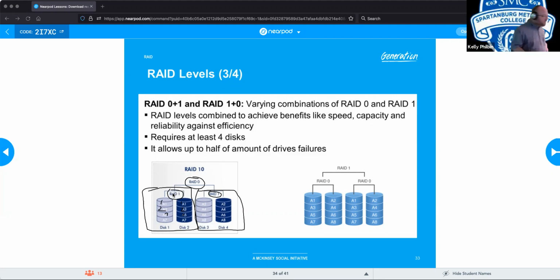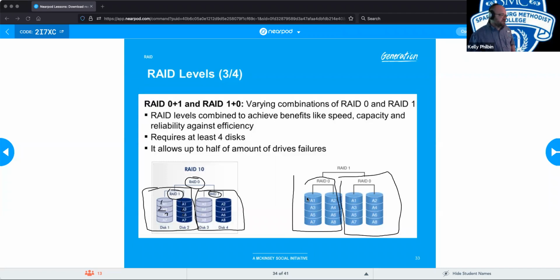0 plus 1 is the exact reverse of it, and that is a mirror of stripes. So you have 2 silos that you're striping the data across. Here's silo 1 and silo 2, and you're striping the data bit 1, bit 2, bit 3, bit 4, down through it.